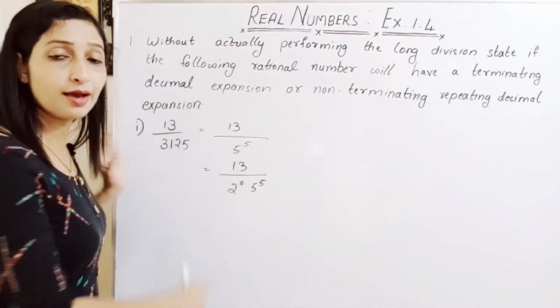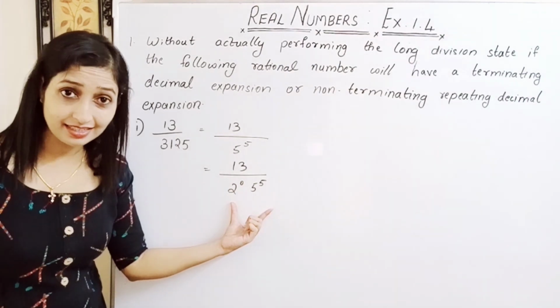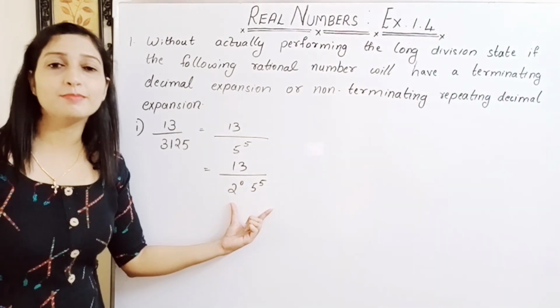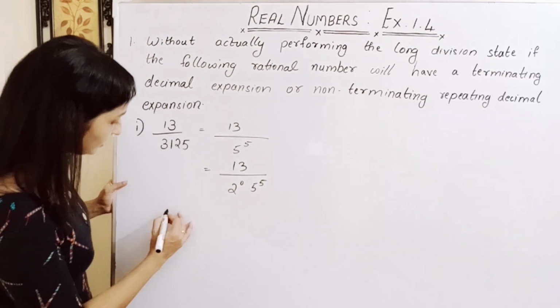So what can you say about this given rational number? It has a terminating decimal expansion. So how do you write?